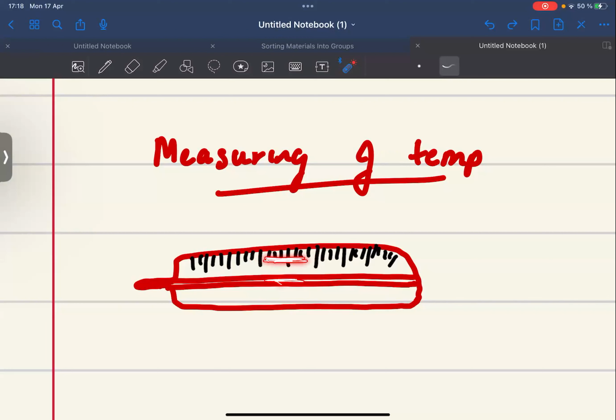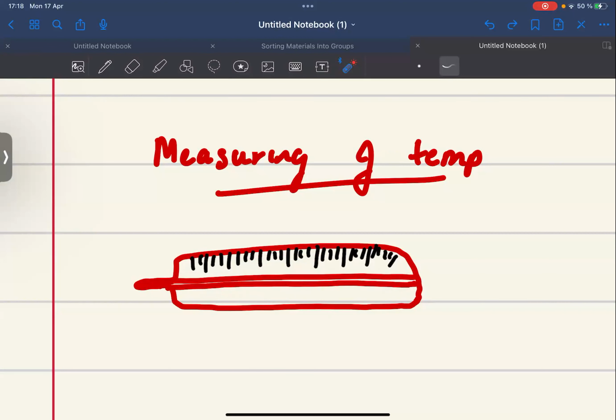Who said 2? Varshit is saying 2. Lachita, you want to try? Ma'am, two. Here only is the mercury, in 2 only, not in 1. The center needle part only is mercury.